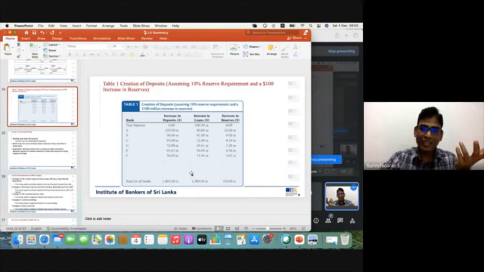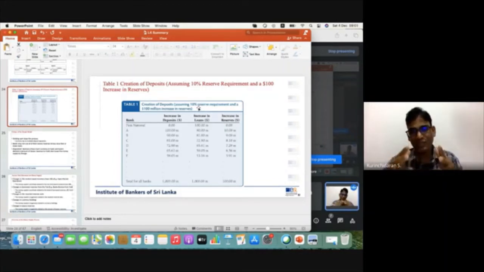Why is this 1,000? You can calculate and see, because 10% is the reserve requirement. There are formulas, but with a general understanding, you could see it's 10 times. We call it the deposit multiplier, so it's 10 times the initial deposits, right?